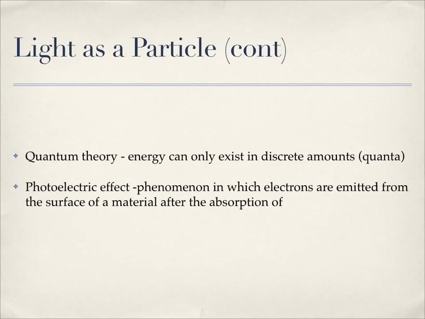It's a phenomenon in which electrons are emitted from the surface of a material after the absorption of energy, or light. Think of a solar panel: light hits it, it emits electricity. That's the photoelectric effect.